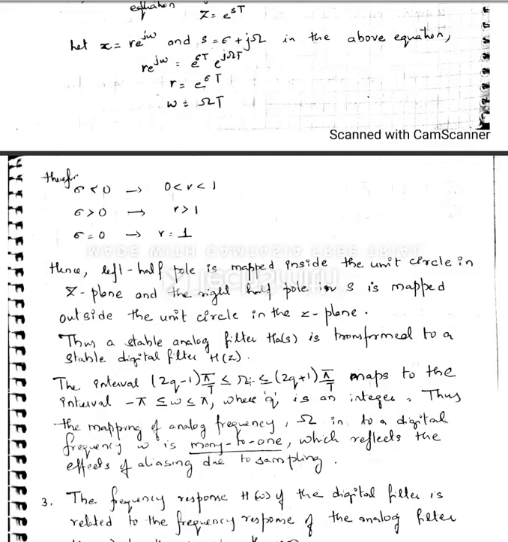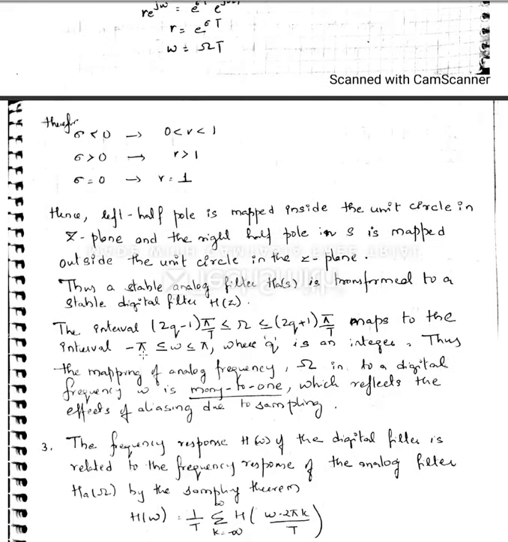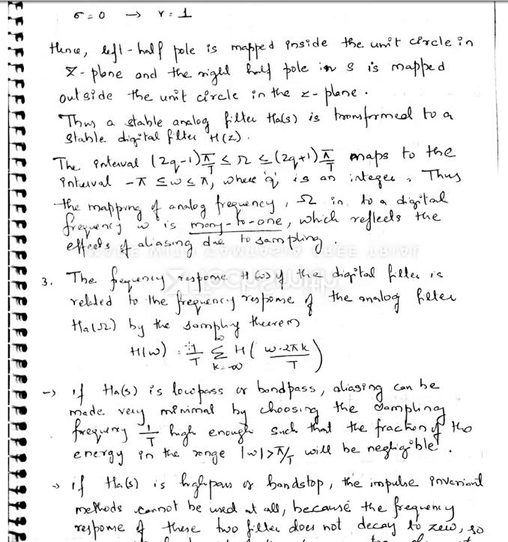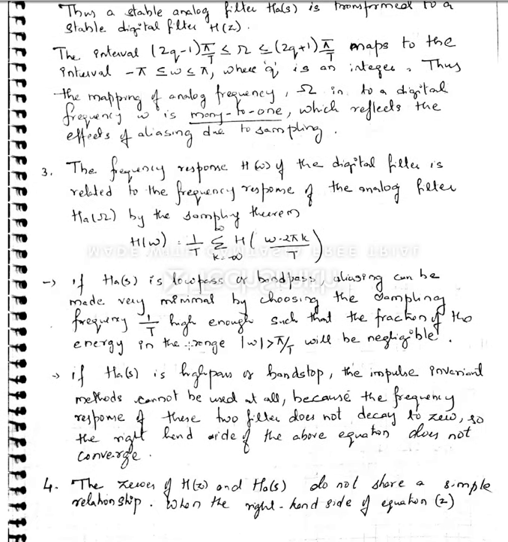If the analog frequency lies within this range, it will lie in the Z plane between these particular ranges. Then they say the digital frequency response can be expressed with respect to the sampling theorem. One thing you should keep in mind: this impulse invariant transformation method is highly suitable for your low pass and band pass.